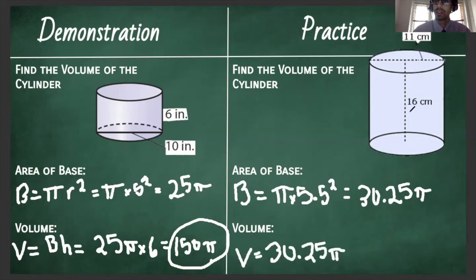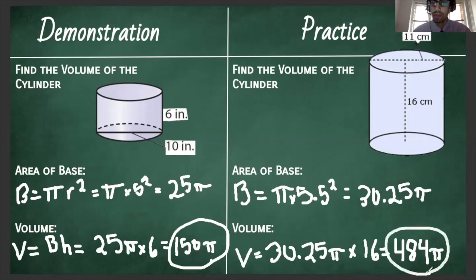The height of my cylinder is 16. If I multiply 30.25 times 16, I get 484. Okay. I would put the pi after, and that would be my solution. Okay. So the volume of this cylinder would be 484 pi.